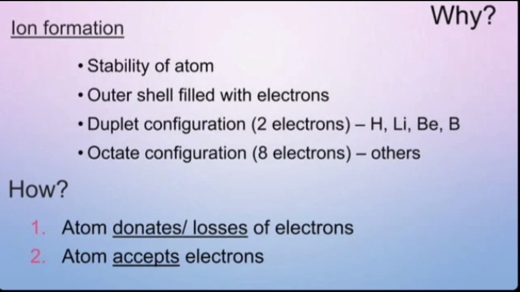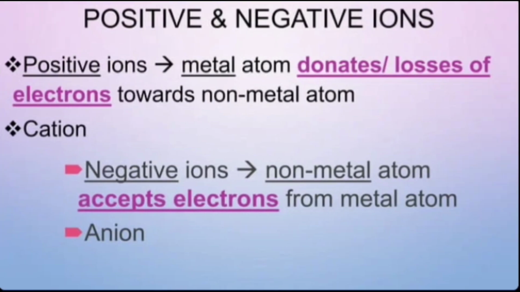A metal atom loses an electron to form a positive ion, and non-metal atoms gain an electron to form a negative ion. That is, the formation of ions occurs to gain stability, to have a completely filled outer shell. There come positive and negative ions, because in an ionic bond one atom is giving an electron and the other atom is gaining an electron.